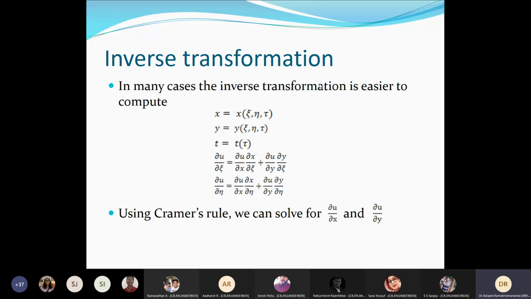∂u/∂ξ is given by ∂u/∂x into ∂x/∂ξ plus ∂u/∂y into ∂y/∂ξ. Just the same thing in another form, for ∂u/∂η, same mathematics. Now here you solve for ∂u/∂x and ∂u/∂y using Cramer's rule. Put it as a matrix and solve using Cramer's rule, or just solve it.